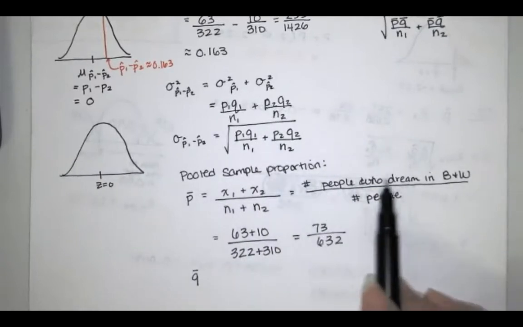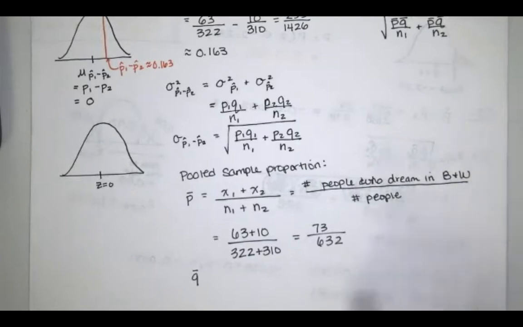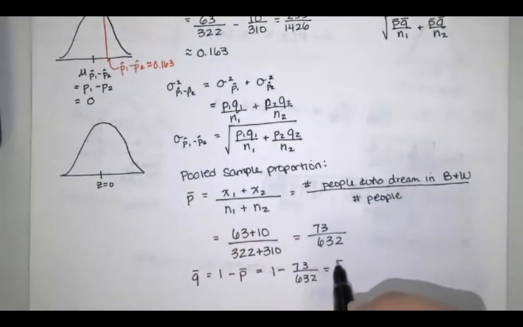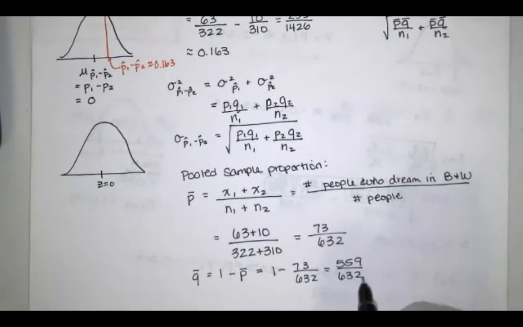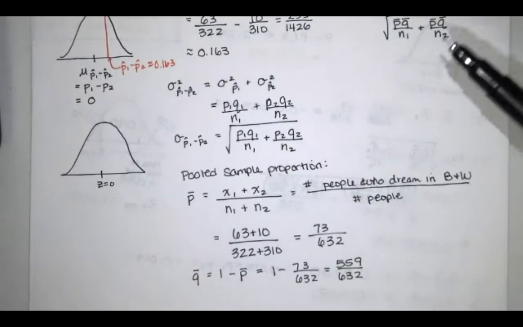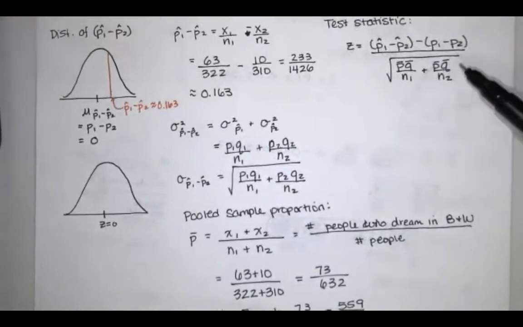If P bar is the number of people who dream in black and white over the total number of people, Q bar is the number of people that dream in color over the total number of people. And that's the complement of that. So we're going to have 1 minus 73 over 632, which is 559 over 632. So those are the values, P bar and Q bar, that we're going to use in this formula.